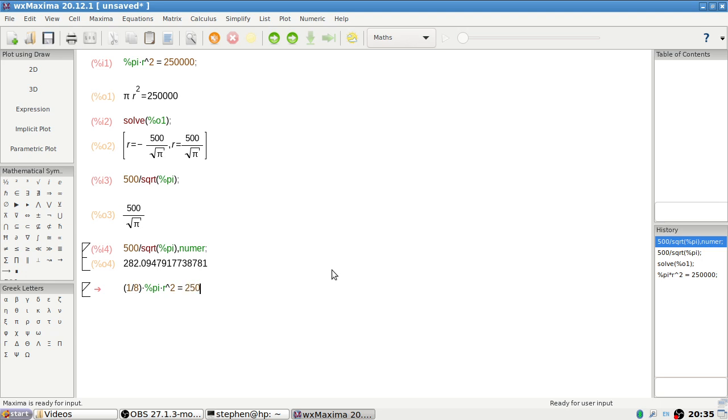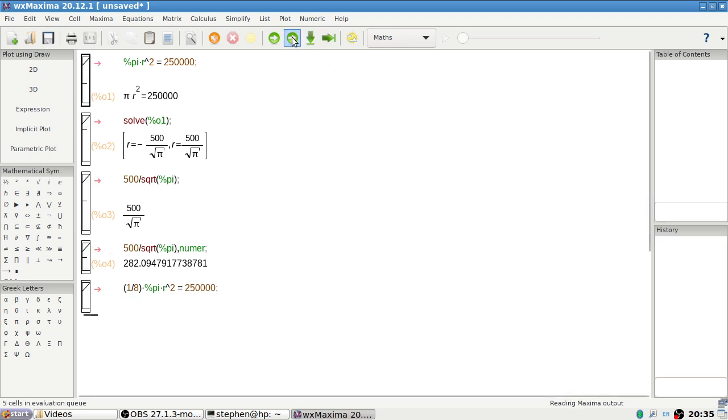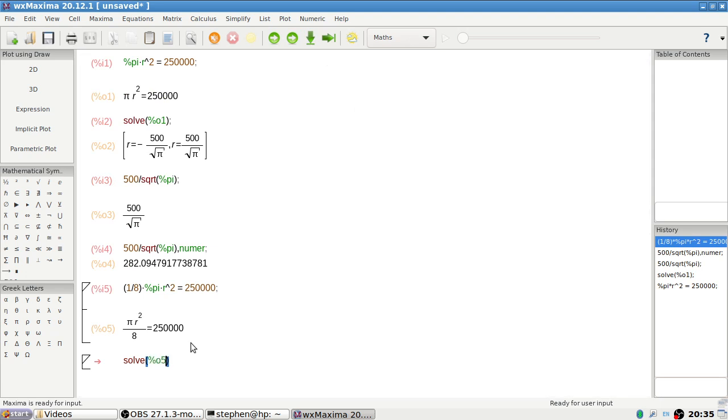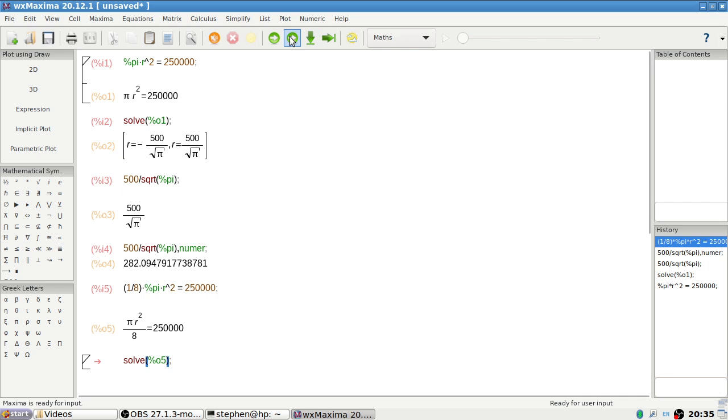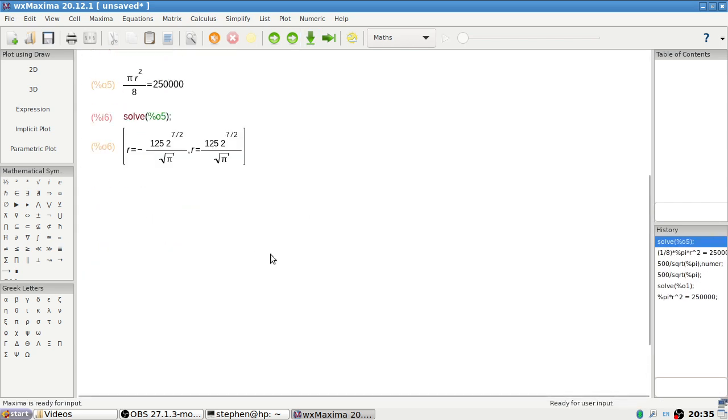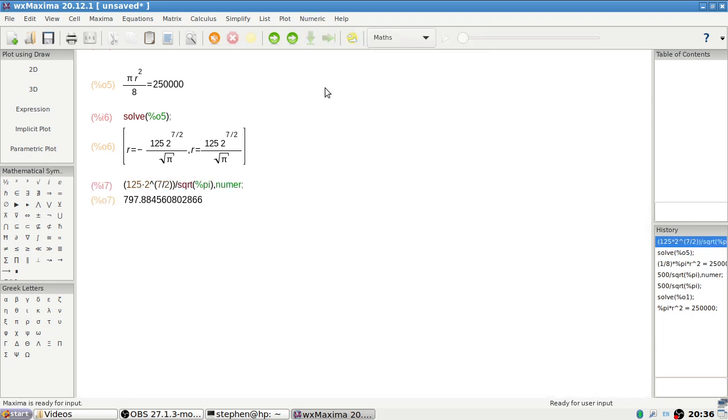That should equal 250,000. Then we want to solve that. So it should be a bigger radius. Solve %05. Yeah, that's a bit messy. So that's what the radius should be.